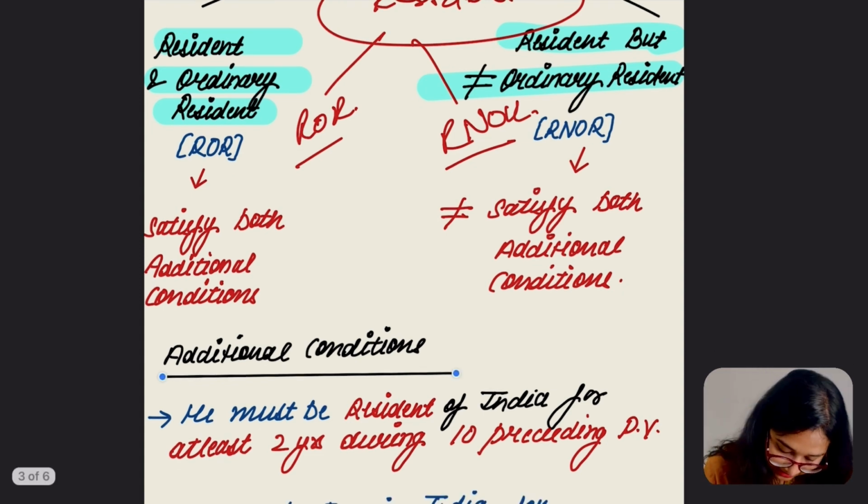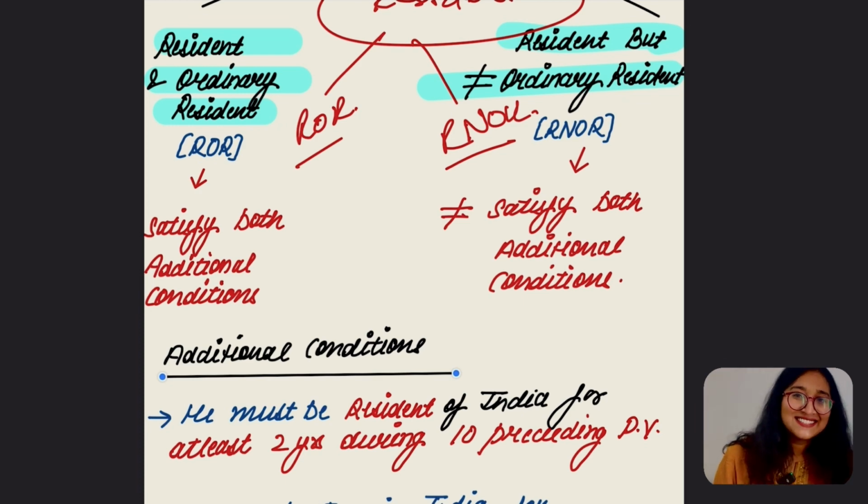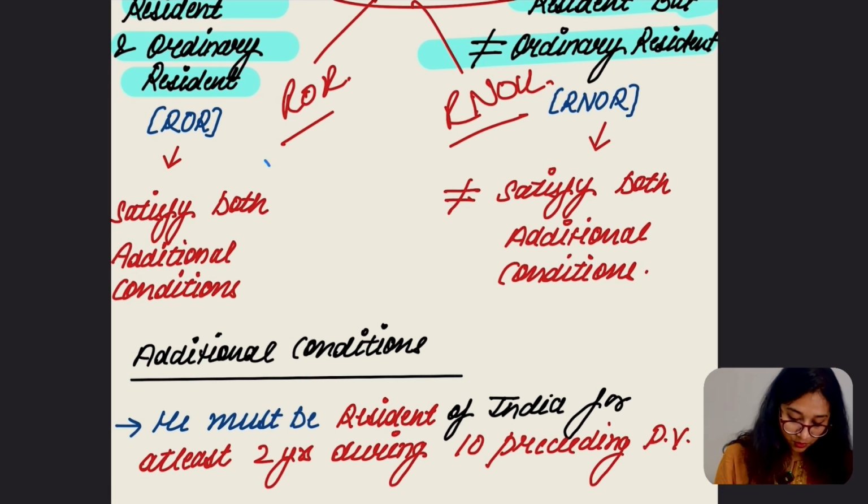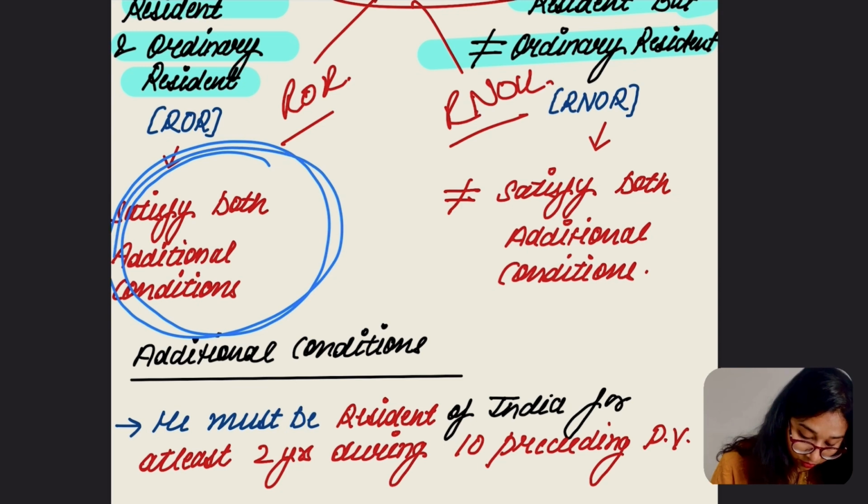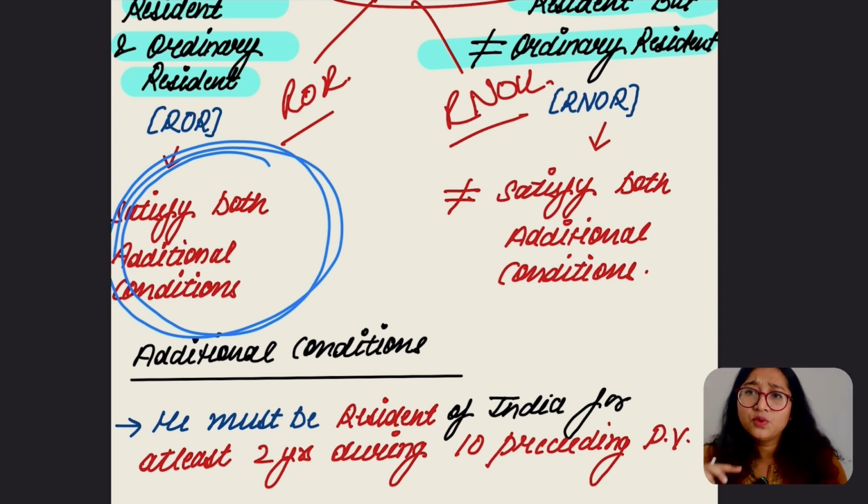So let's go for it now, guys. They are saying the person is a resident and ordinary resident if he has satisfied both additional conditions, right? Earlier what we read was that only one basic condition is to be satisfied by resident individuals, right?